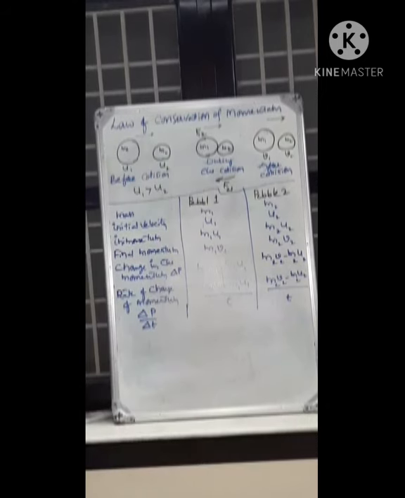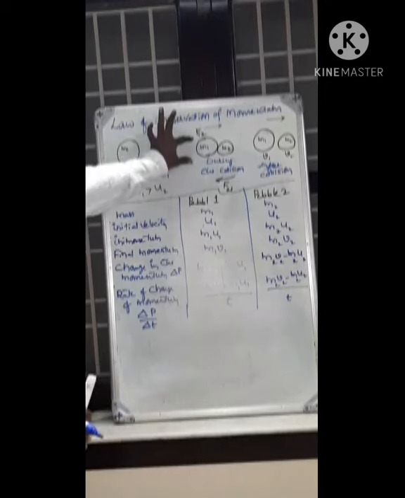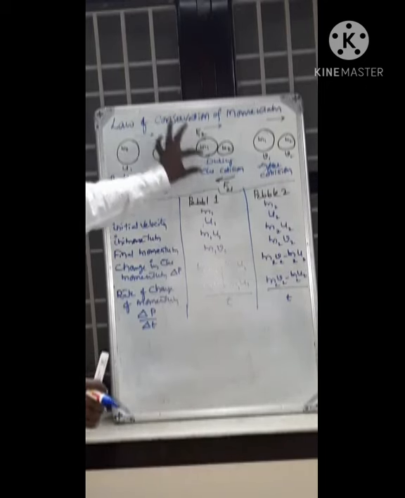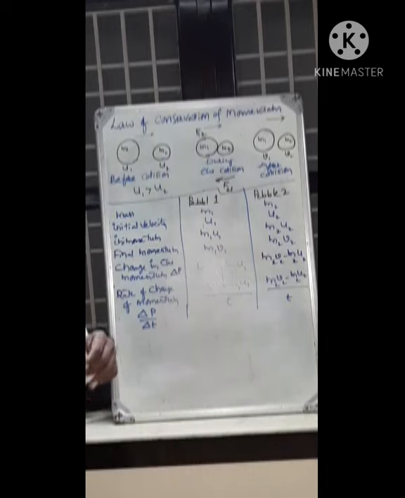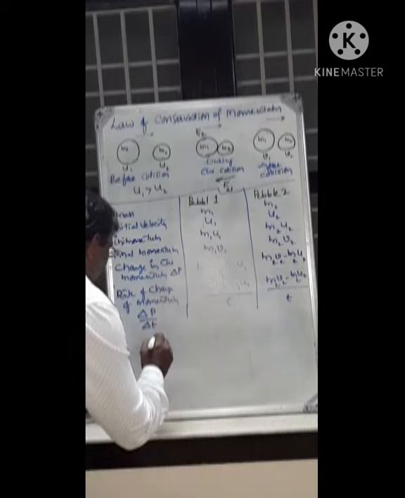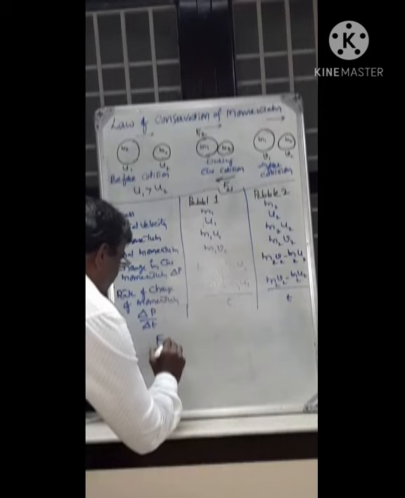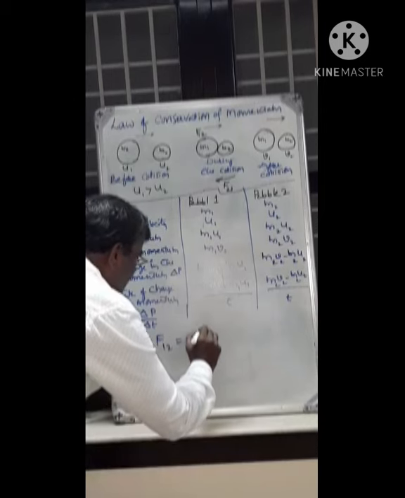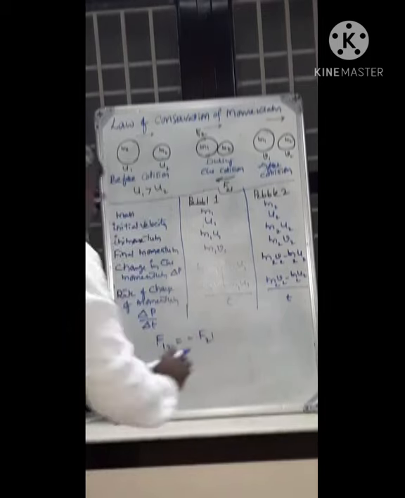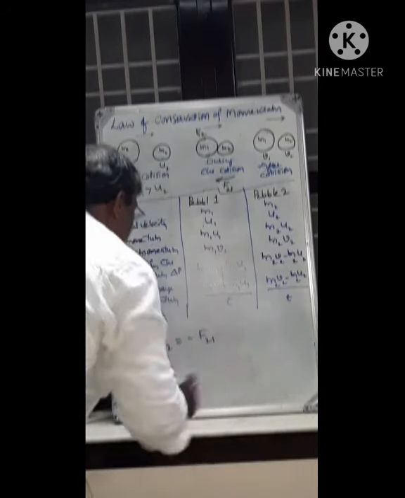So during this collision, we have observed that F12 and F21 both are equal and in opposite direction. So according to Newton's third law, F12 is equal to minus F21.